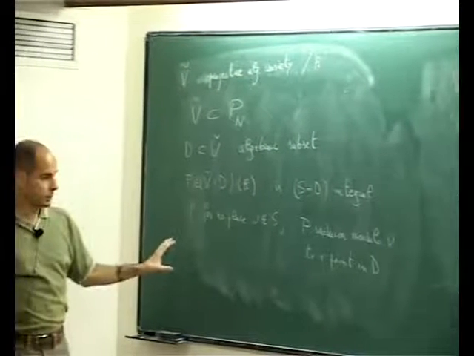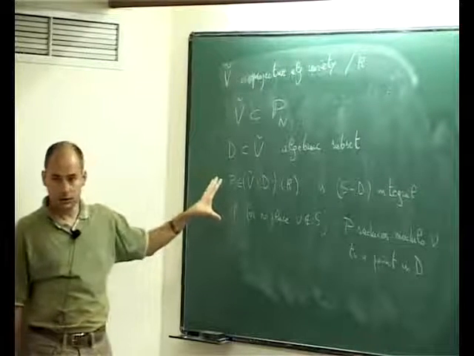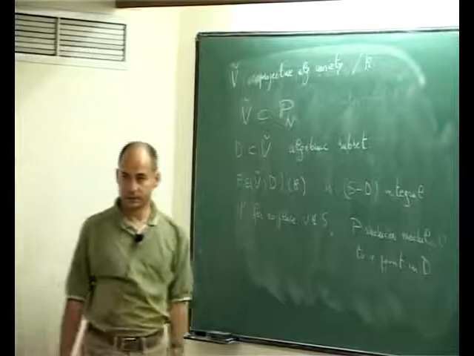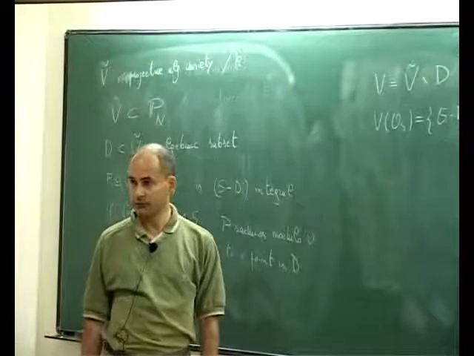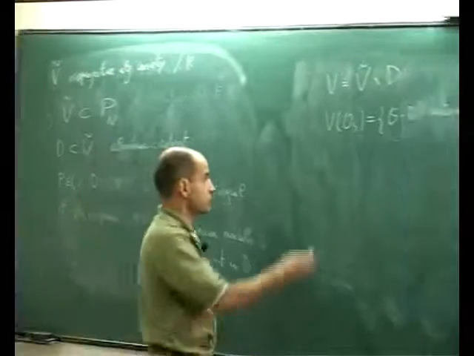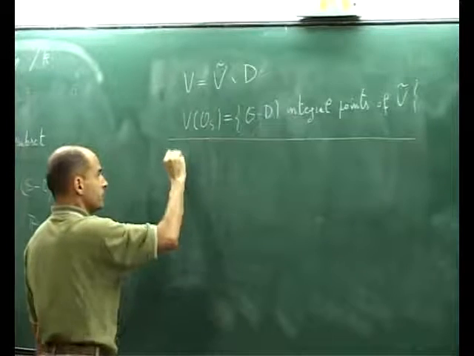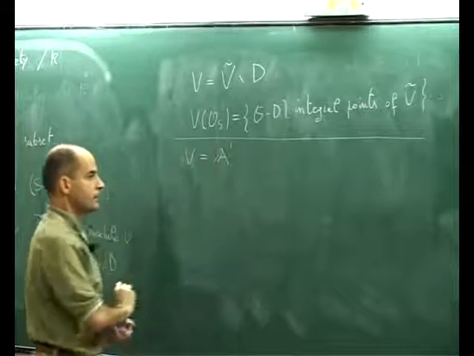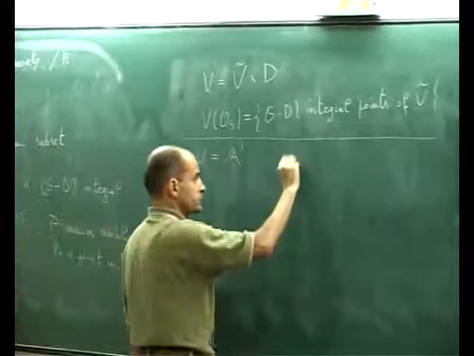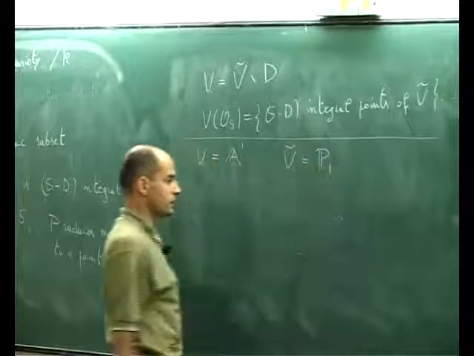Now I'll show how this notion of integrality is connected with the naive notion of integral points on an affine variety. Consider, for instance, V equals the affine line A1. So its natural completion, V tilde, is the projective line P1.